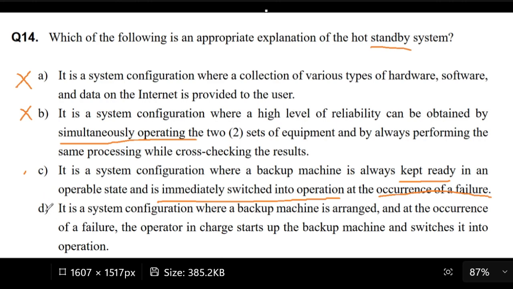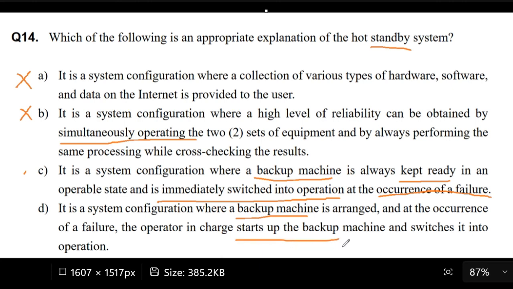Now for the last letter, it's saying that it's a system configuration where a backup machine is arranged, and at the occurrence of a failure, the operator in charge starts up the backup machine and switches it into operation. So again, we have here a backup machine similar to the previous one, but in this statement we have other words where at the occurrence of failure, the operator in charge has to start up the backup machine.